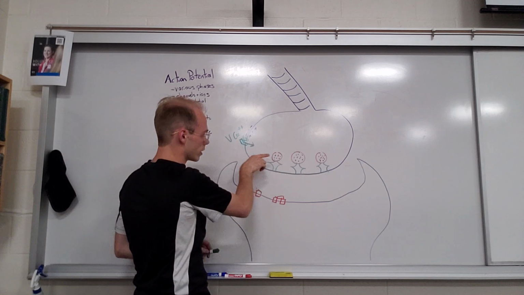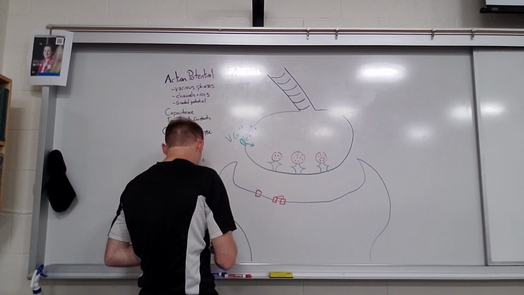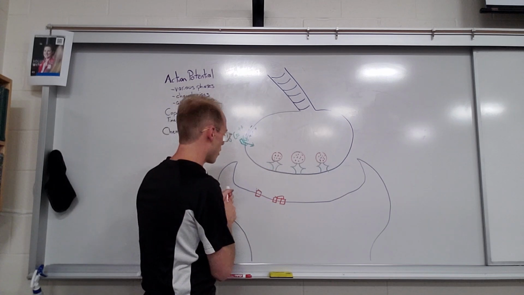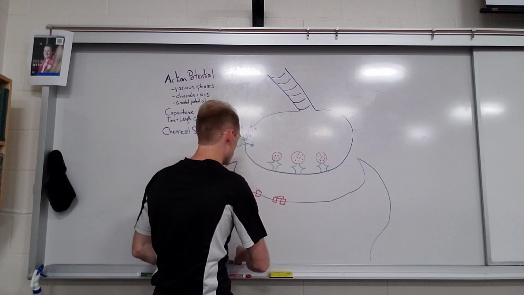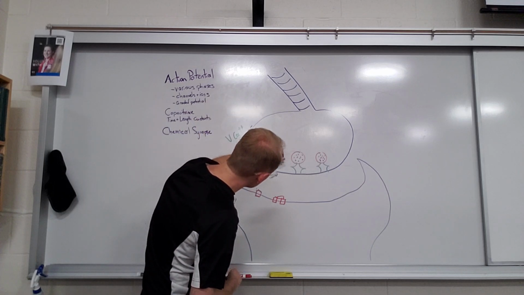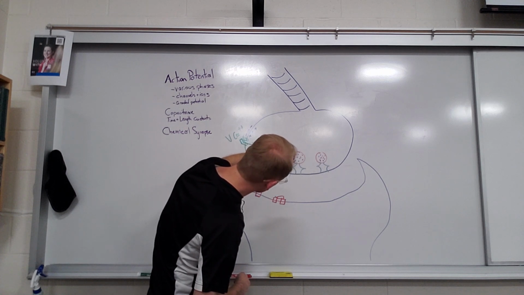So it wants to get in there really badly. These are called SNARE proteins. They have little binding sites that calcium will bind to. So calcium will bind to it.